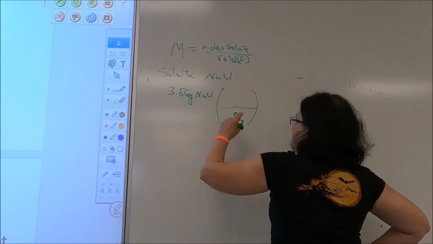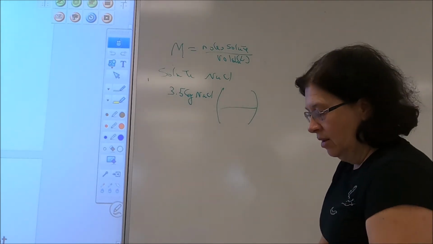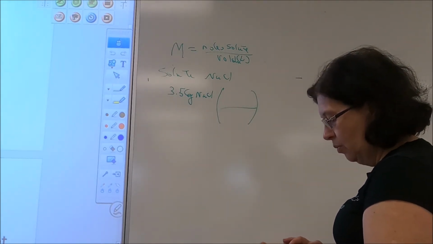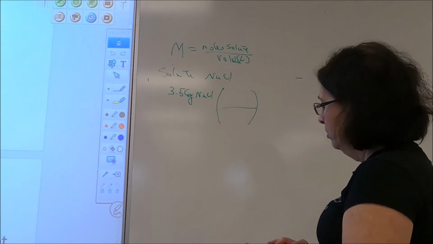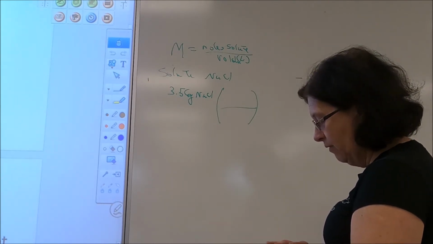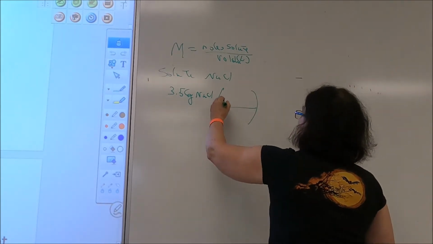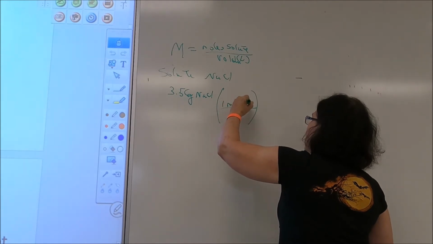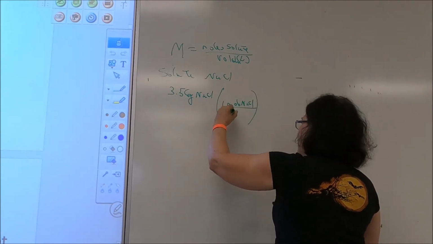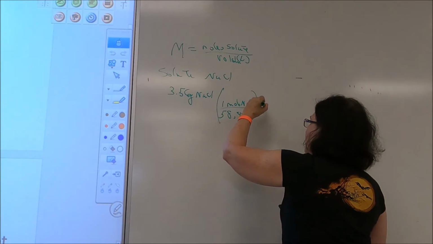So I'm going to need the molar mass. So 22.98 plus 35.45, 1 mole of NaCl has a mass of 58.43 grams.